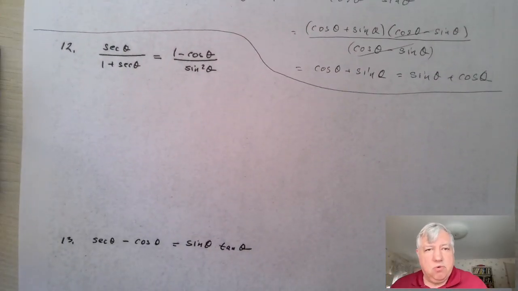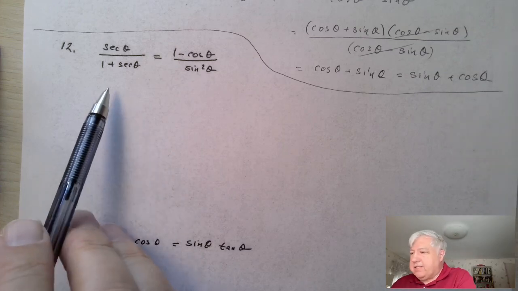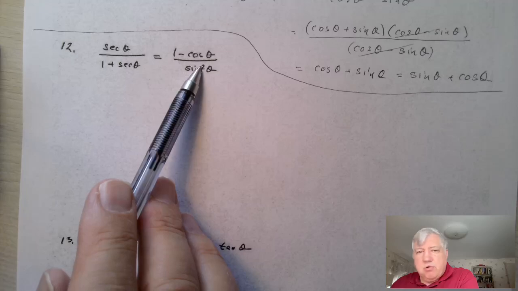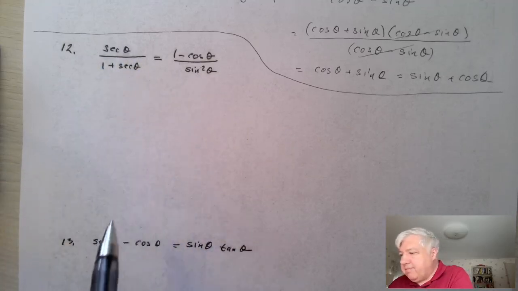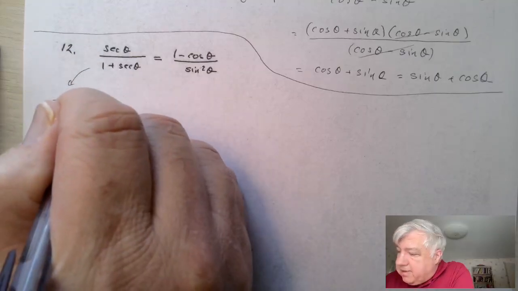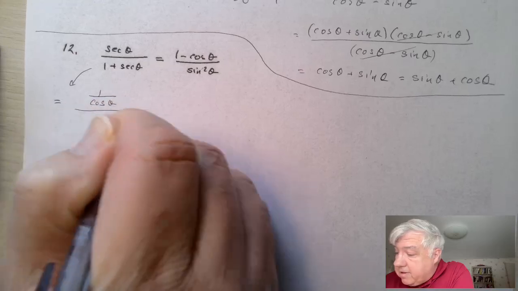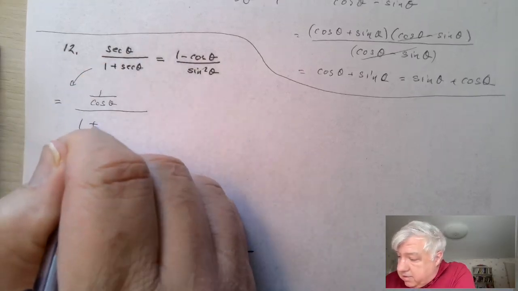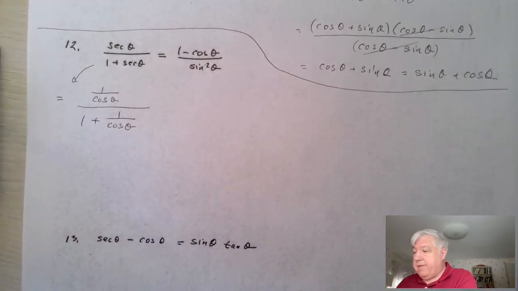Again, we'll start with the left-hand side. This is in terms of sine and cosine, so let's write this in terms of sine and cosine. So then this side is going to be equal to, secant is 1 over cosine. Okay.